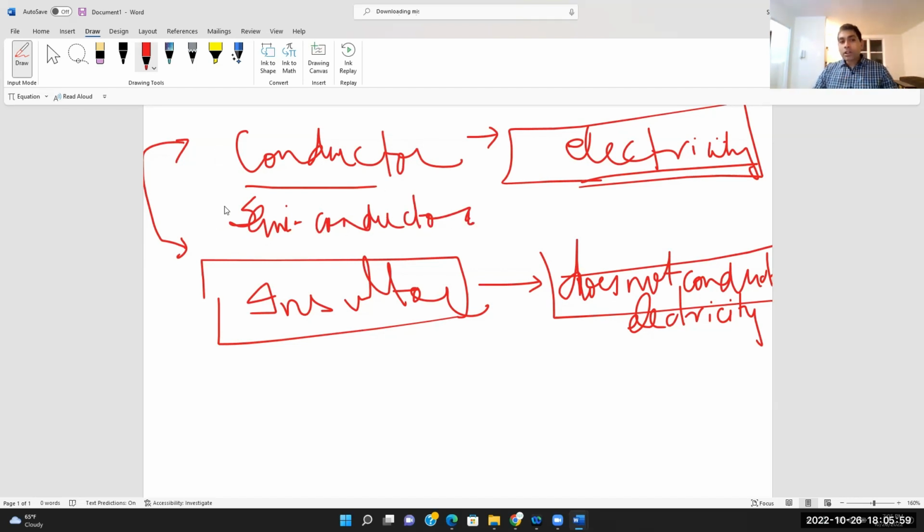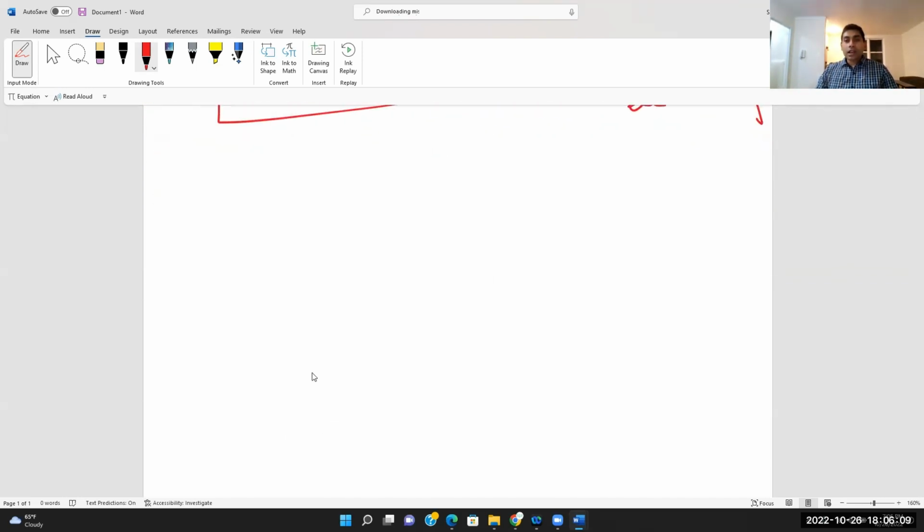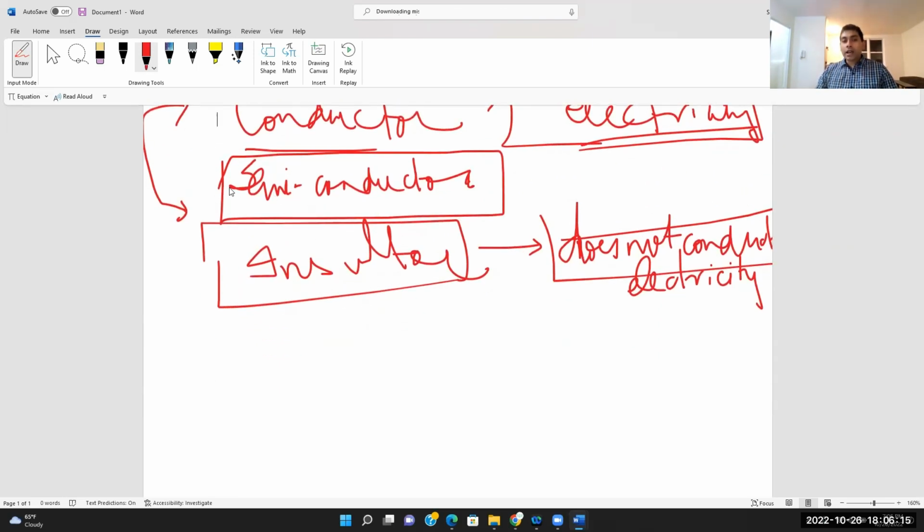So when we study solid state electronics, we are usually focusing on semiconductors. Now, how do these things actually conduct electricity? And how can we change that? A conductor helps you to conduct electricity.